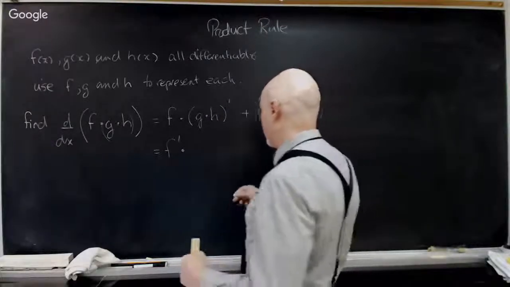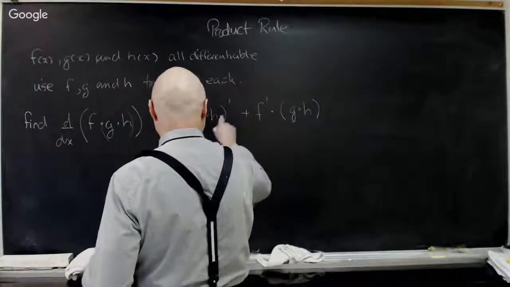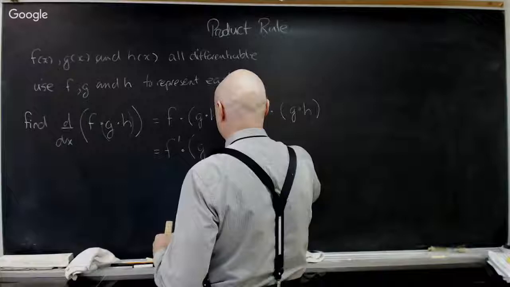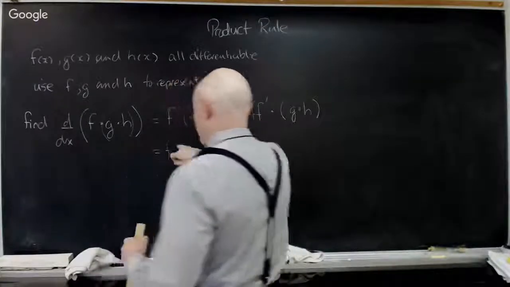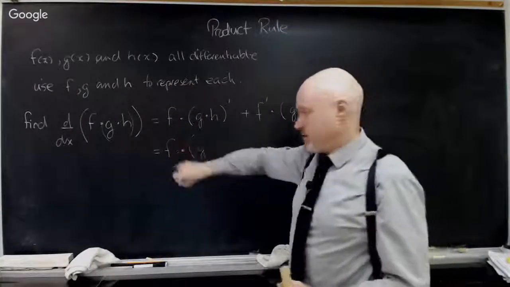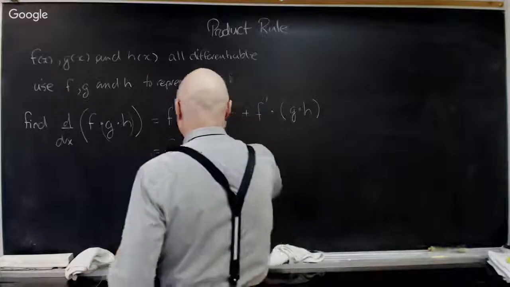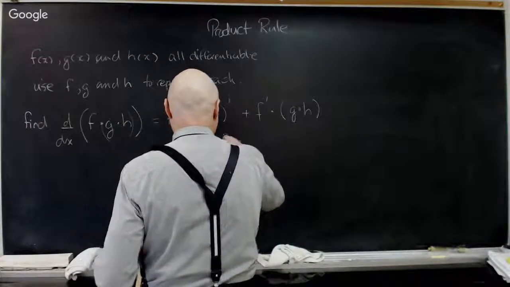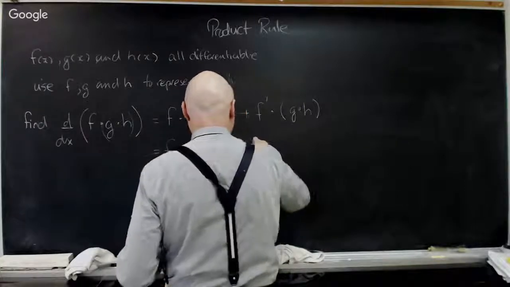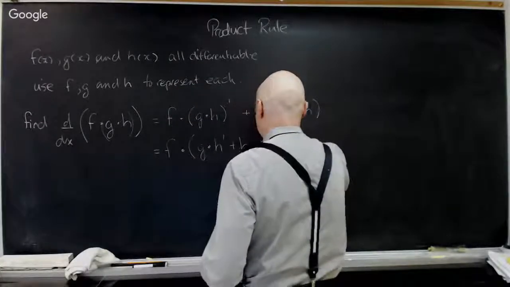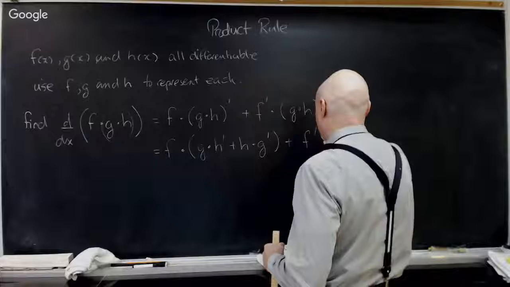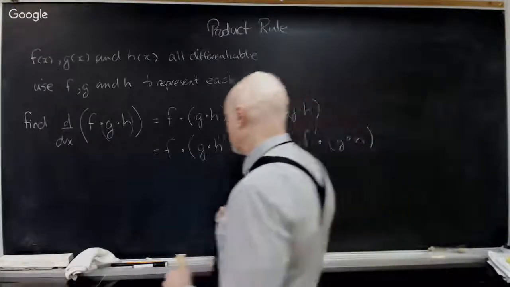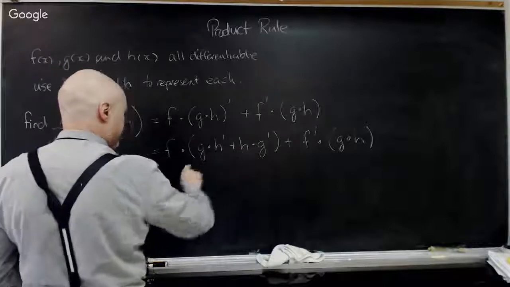We're just going to apply the product rule here. Oh, sorry, there is no prime there. Derivative of the first function times the derivative of the second, plus the second function times the derivative of the first, plus f primed times g times h. And I can expand this.